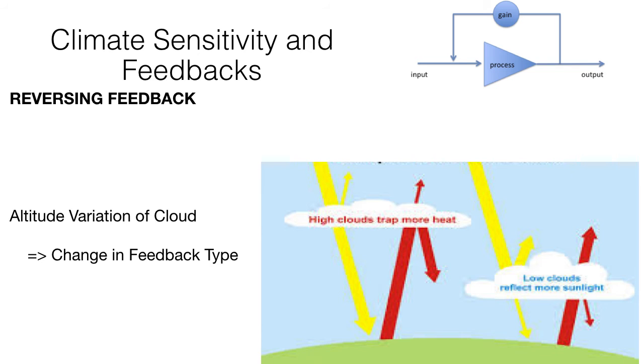Now look at this too. Just an altitude change can make feedback changes. One case positive, one case negative, just by shifting the cloud positions. So we have seen how the very altitude of occurrence of cloud can transform the type of feedback.